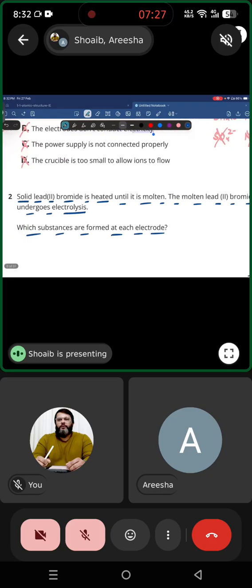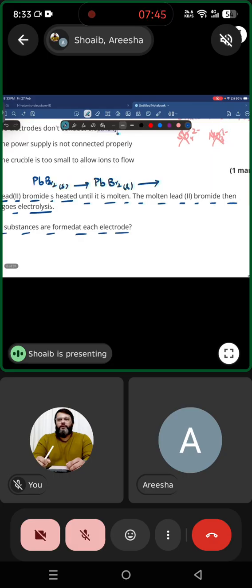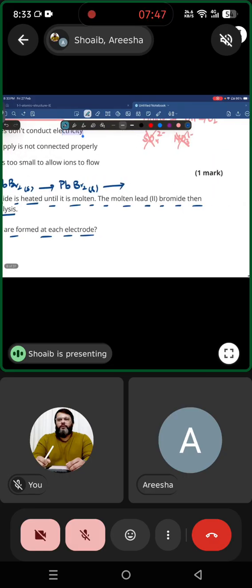First, the solid lead bromide, PbBr2, is a solid. It converts into PbBr2 as a liquid. Then electrolysis is performed. So you have Pb2+ and Br- ions, two ions of Br.